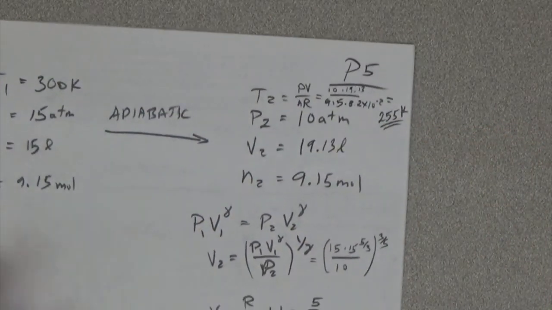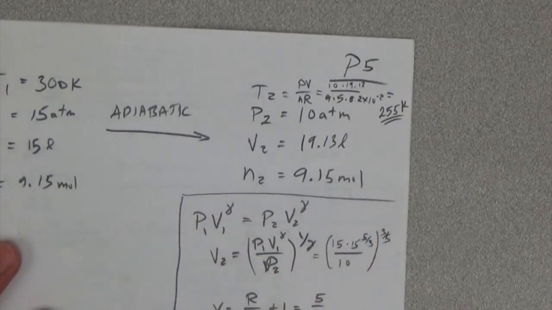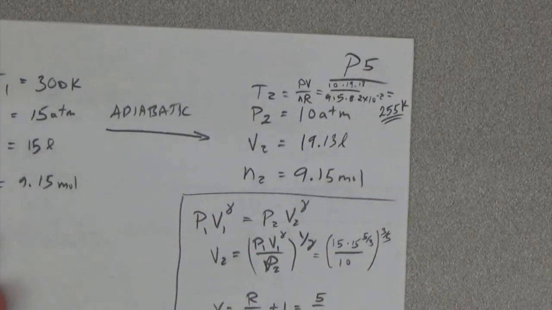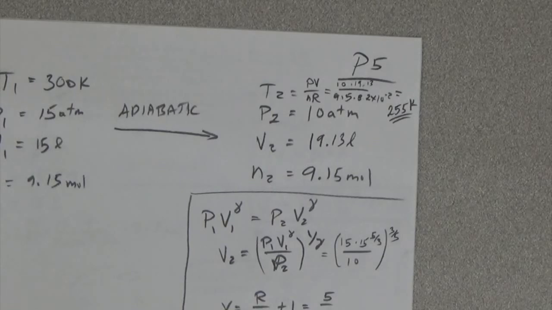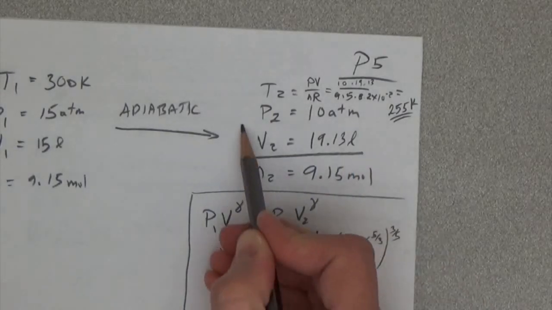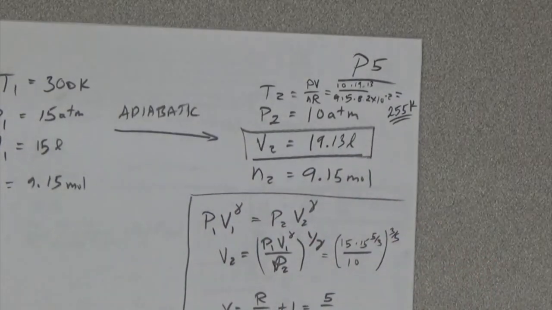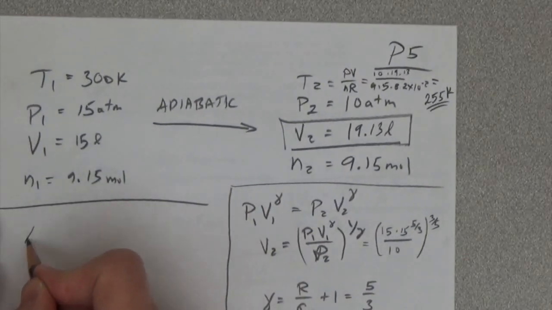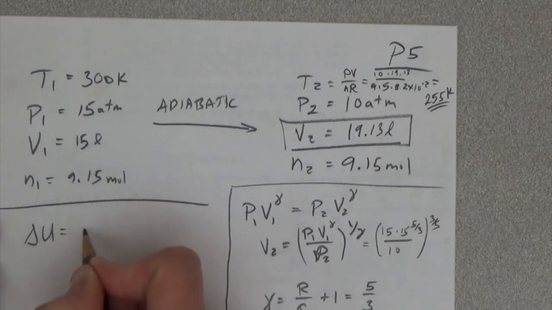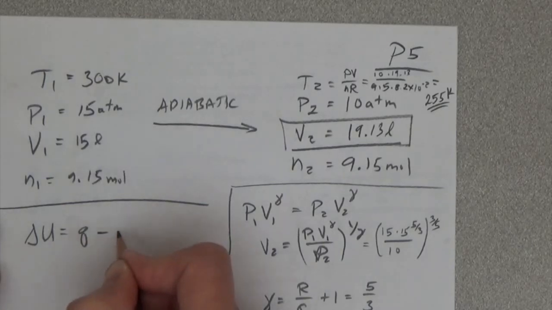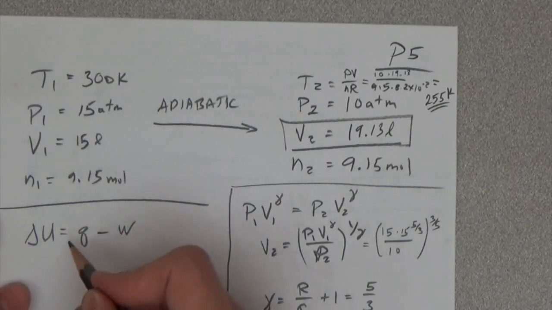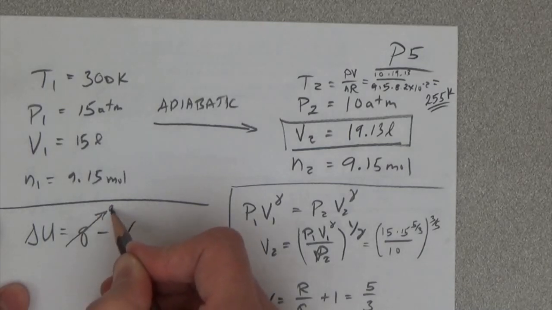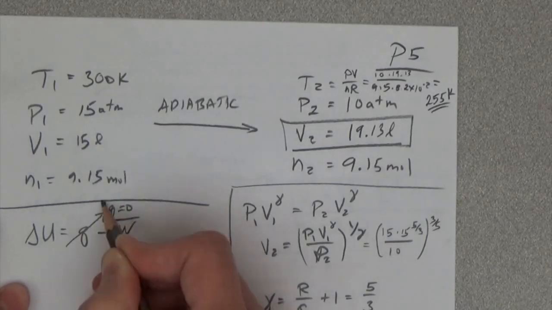Okay. So we got the volume, which is one of the questions. Writing the first law, Q minus W, by definition of being adiabatic, Q equals 0.